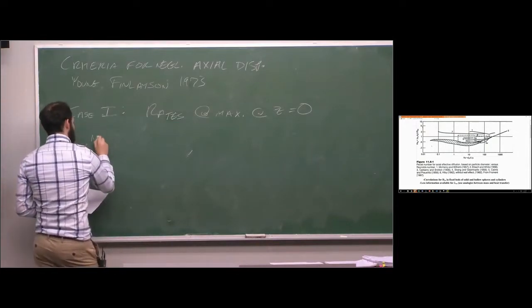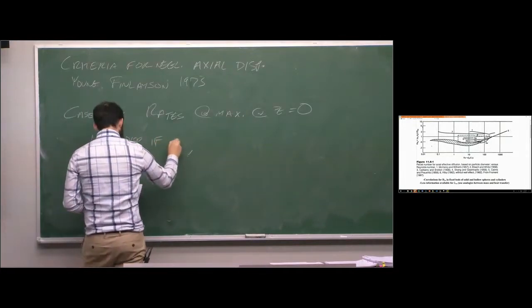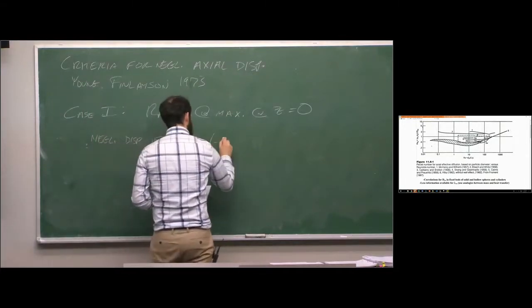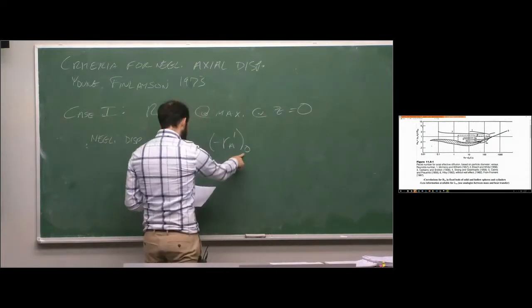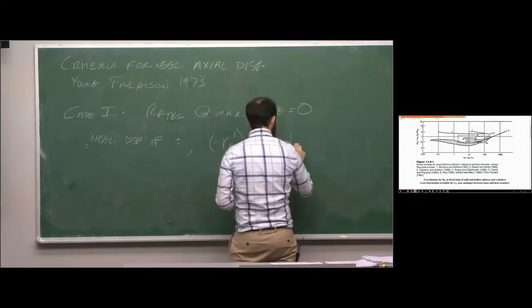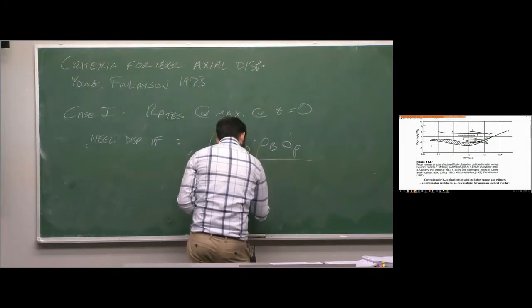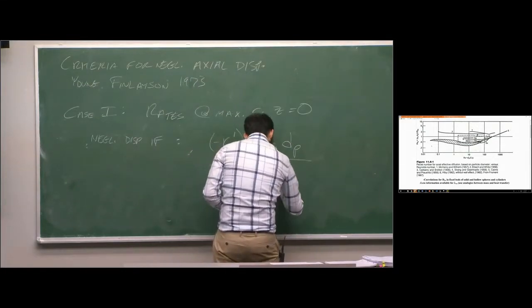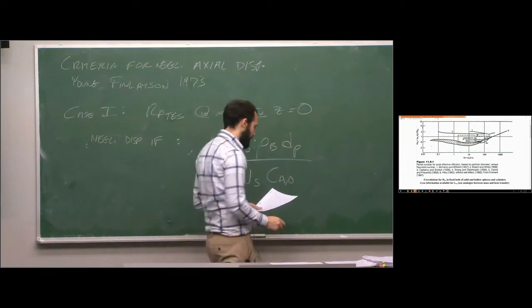Then we can neglect dispersion if the rate at the beginning of the reactor times, again, this is the bed density, bulk density, and particle diameter, superficial velocity, and initial concentration.